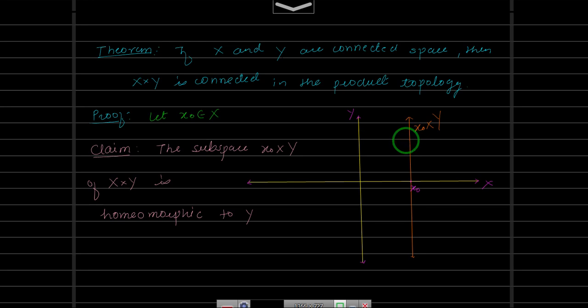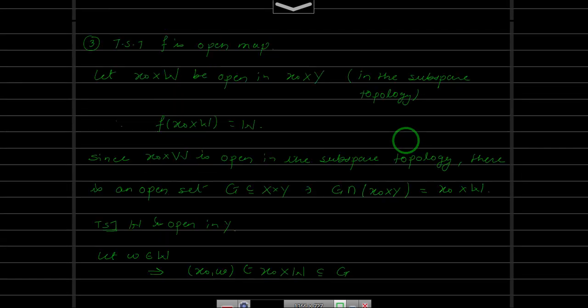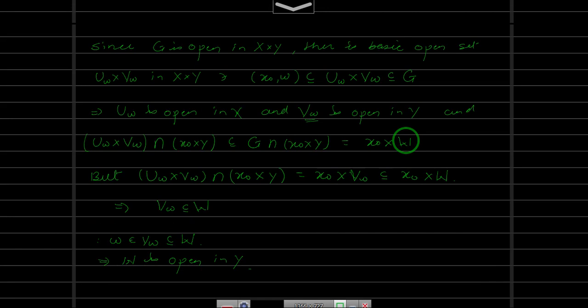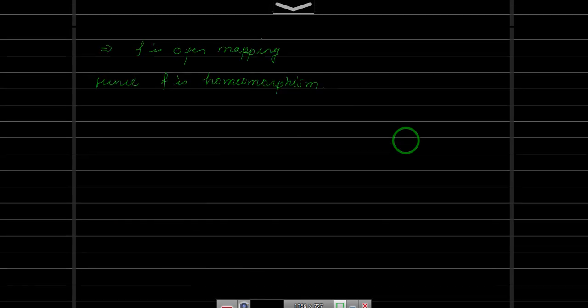Okay, in fact we can avoid all those kinds of things and give a simple proof. Let us use the same thing. This implies X naught cross Y is connected as Y is connected.